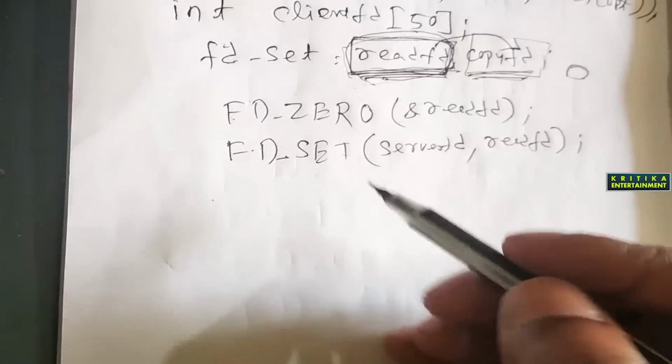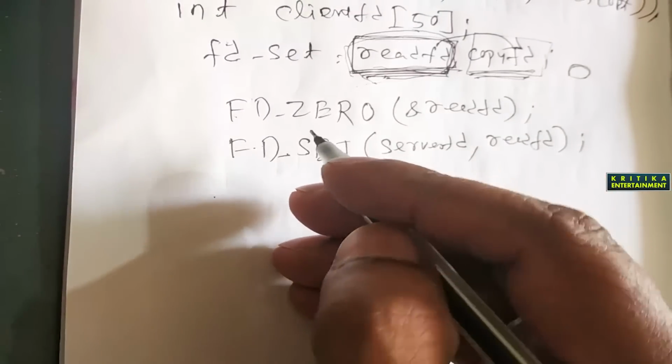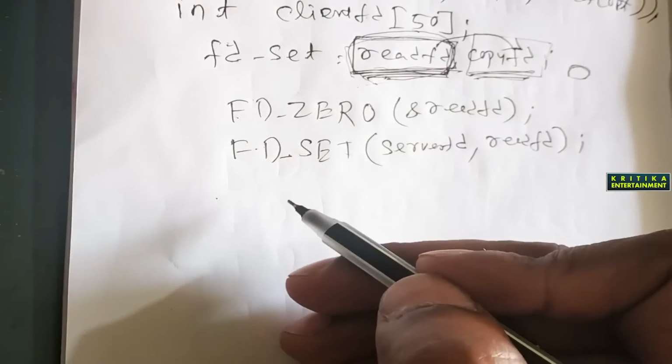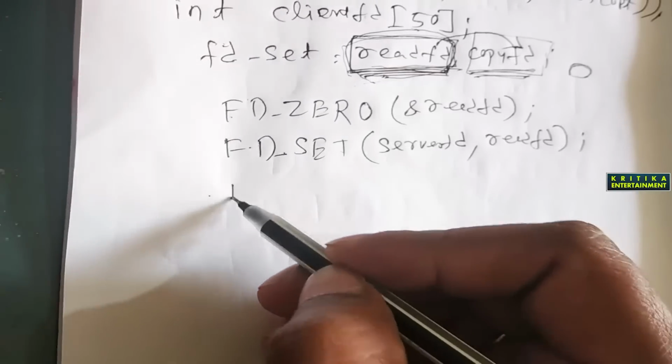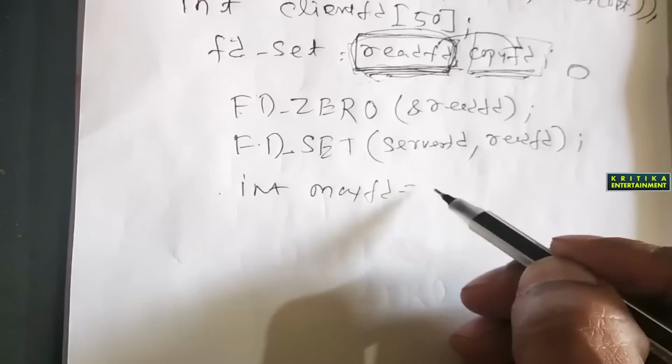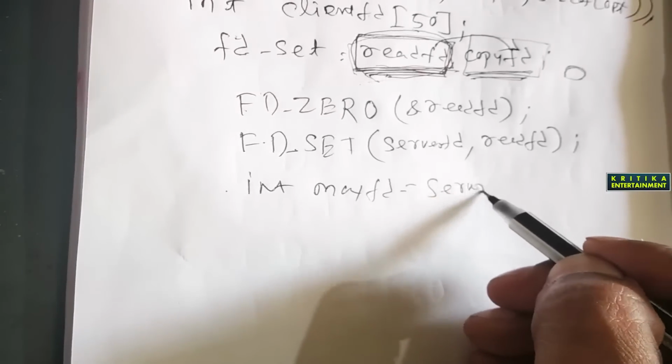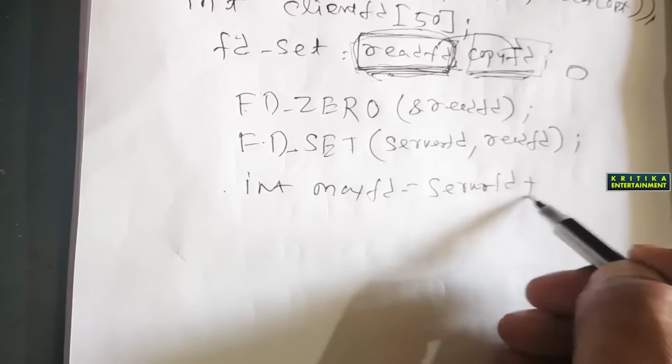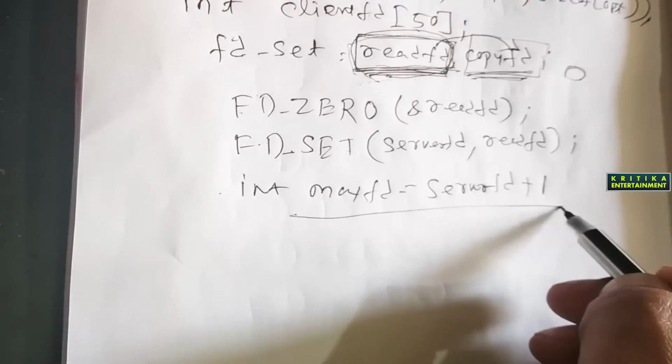So here, int max FD is equal to server FD plus 1.